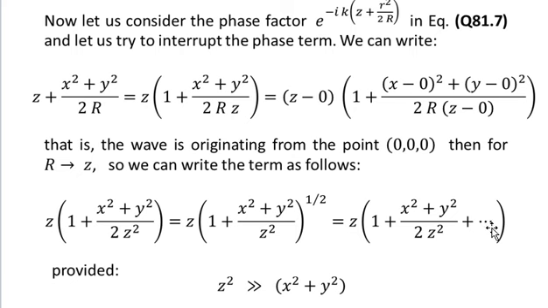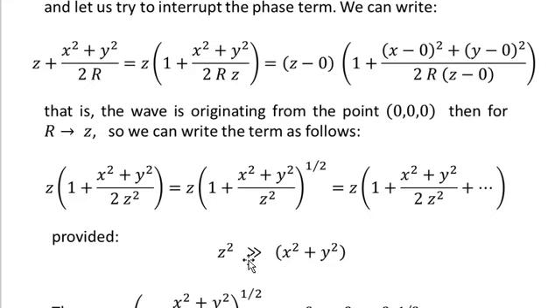I am not showing the higher order terms because the first two terms are enough under the condition that z square is much greater than x square plus y square. That is, we are measuring the field at a value of z which is much greater compared with the dimensions x square plus y square. That's why we have ignored the higher order terms.